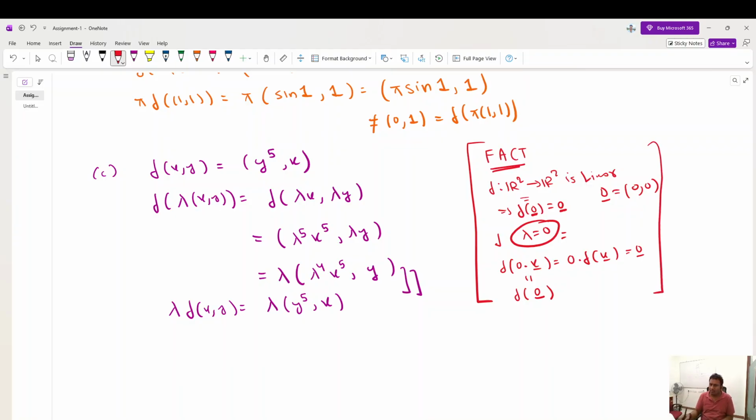Okay. Is it true for any Rn? Here n equal to 2 was there, so think about it.